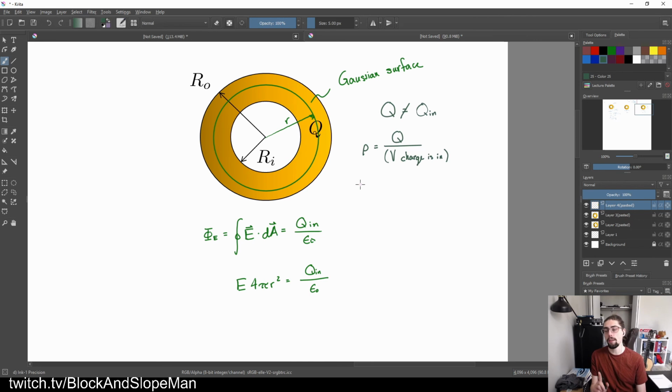Because we can see in the inside here, there is no charge. This big gap in the middle will not contribute anything. So we need to find the volume where a charge actually is. That means rho is equal to q divided by the outside of the sphere minus that part inside that's hollow.